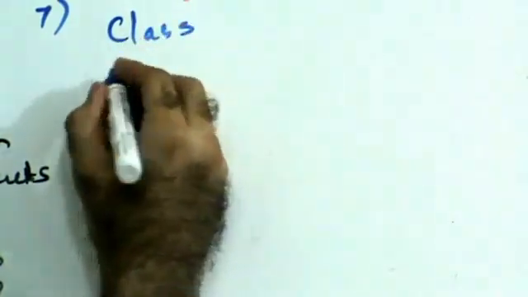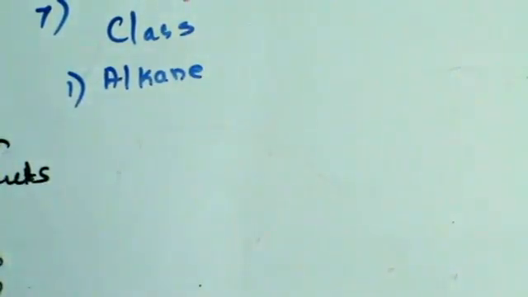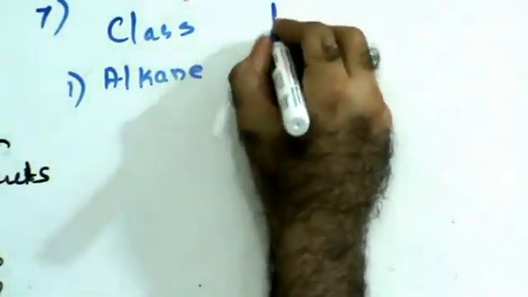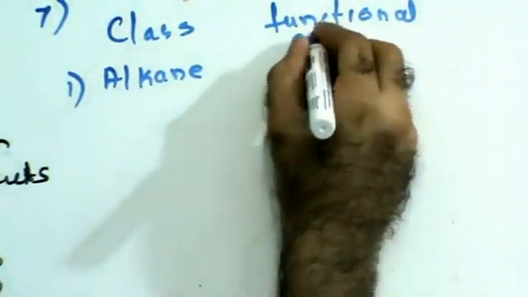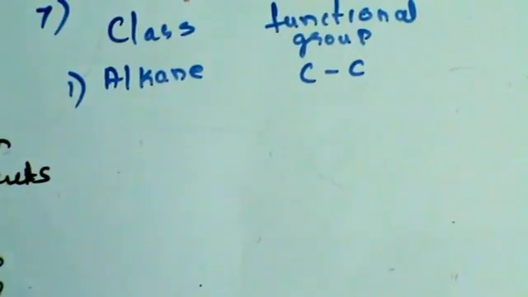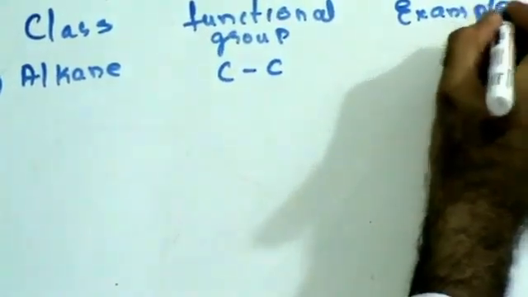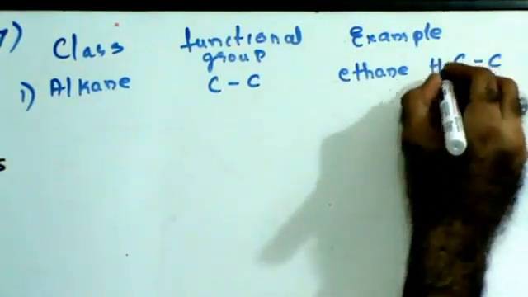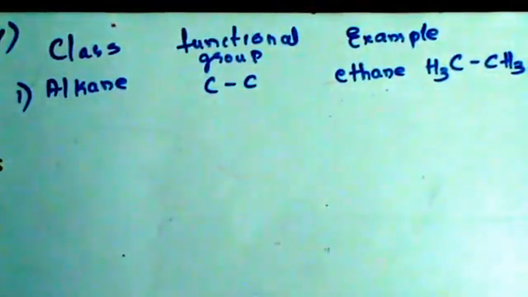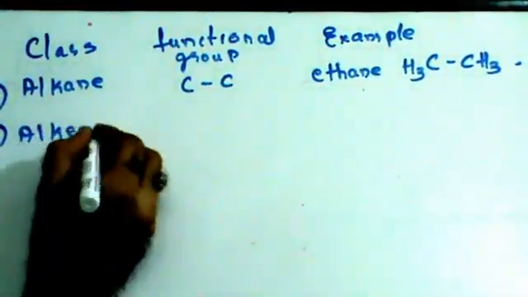Class. Let's consider alkanes. The first basic one is alkane, right? The functional group is C-C. There's a single bond between carbon and carbon. Example, ethane: carbon-carbon single bond, 3 hydrogens here, 3 hydrogens here. Right? Those are alkanes. Next, alkenes.